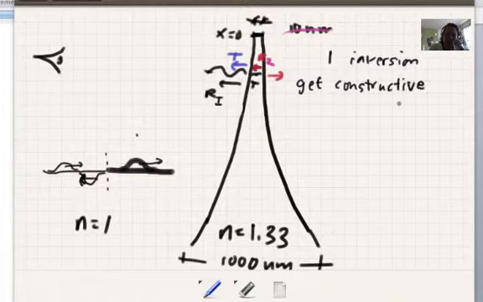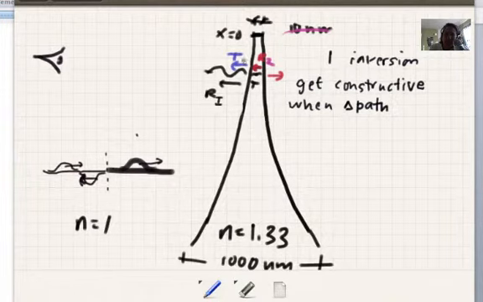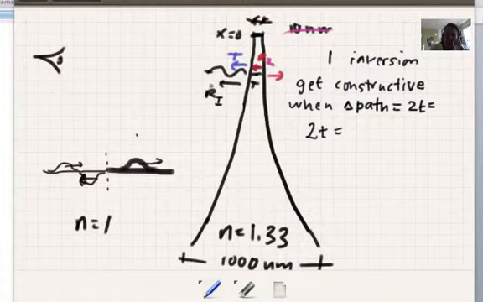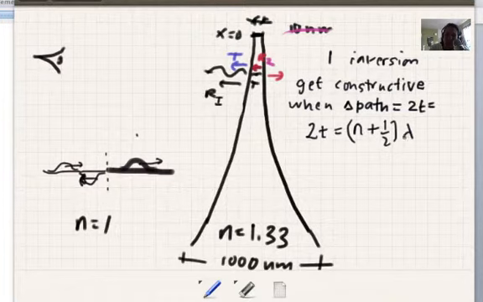They will combine constructively when the path difference for the two waves, which is equal to 2 times the thickness, equals, since you have one inversion, normally, if there were no inversions, an integer number of wavelengths, but since it's one inversion, you have to add in a half. So this reflected wave is inverted. You have to add a half lambda in order to get constructive combinations of the different colors.